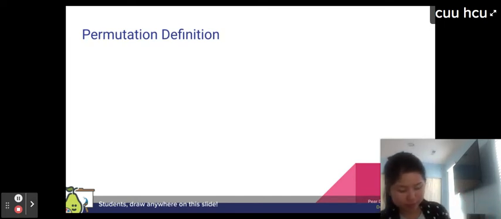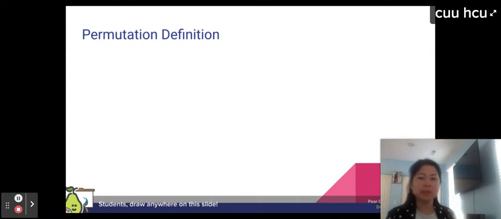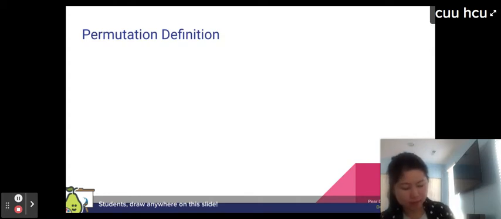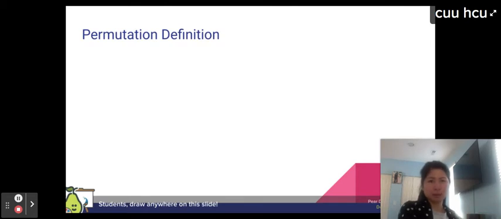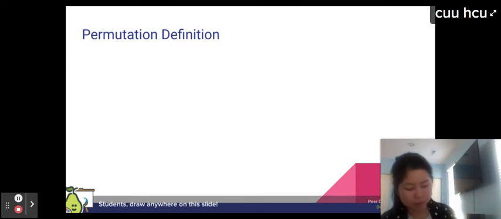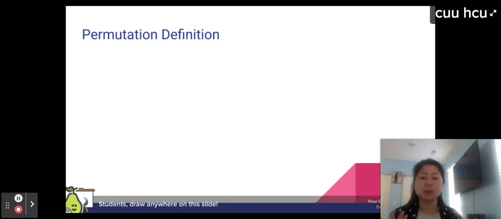So for example, if I want 3 factorial, I'm taking 3 times 2 times 1. Basically we just multiply all of those numbers together, which gives you 6.